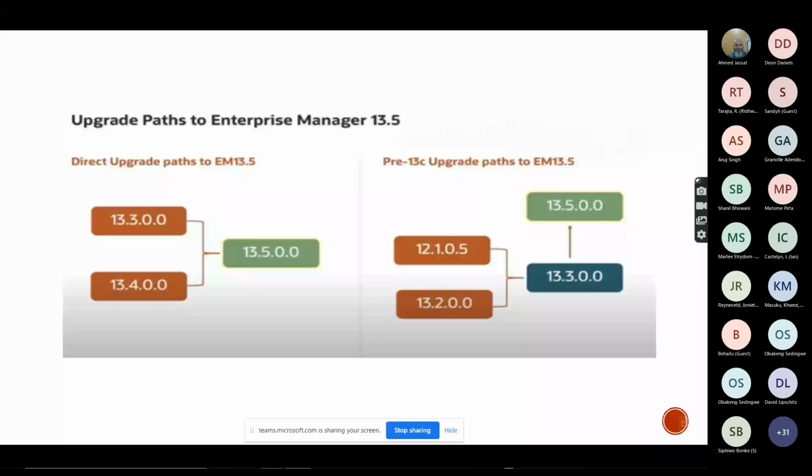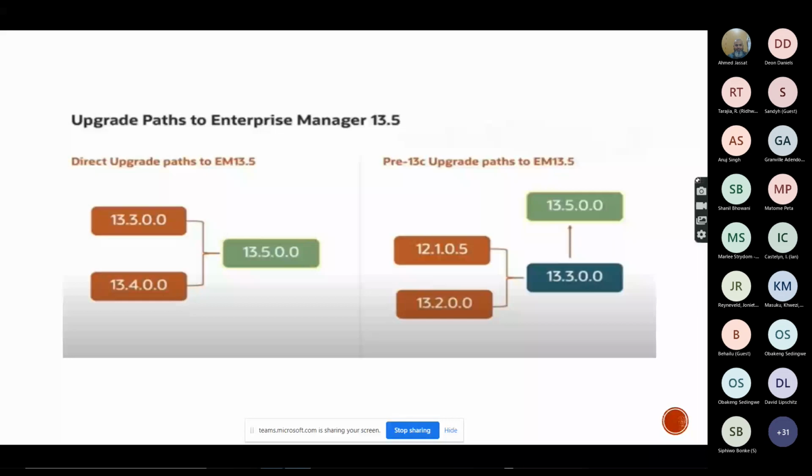So there are two methods where, if it is on a version lower than 13.3, the Oracle Enterprise Manager has to be upgraded in two steps. And there is one direct upgrade path: if your Enterprise Manager is 13.3 or 13.4, you can directly upgrade to the 13.5 version.